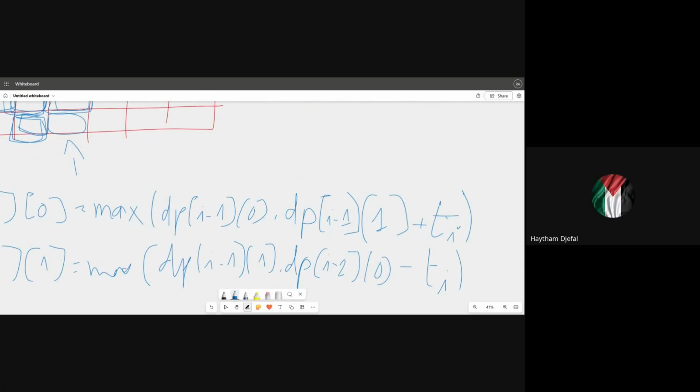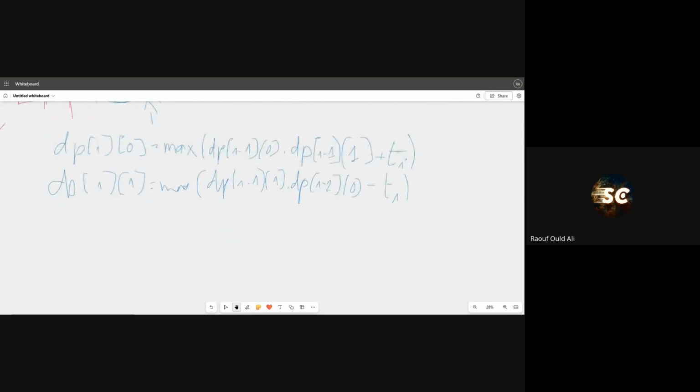Can you re-explain the state of the transition of dp of I and 1? Sure. So, as I said, the last thing here that is done is buying, okay? So the last time we bought was either on the previous day, okay? So we are buying from here. So we get the state directly here.